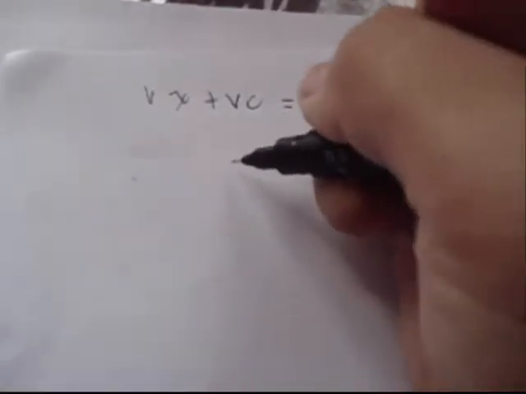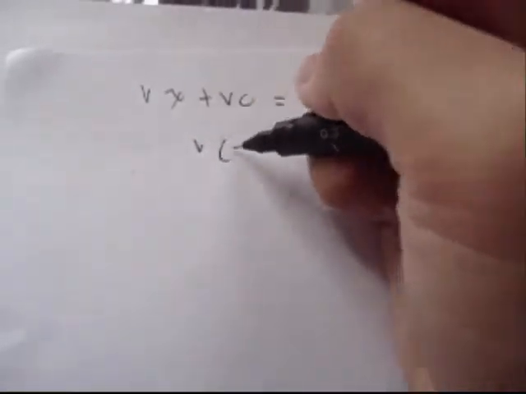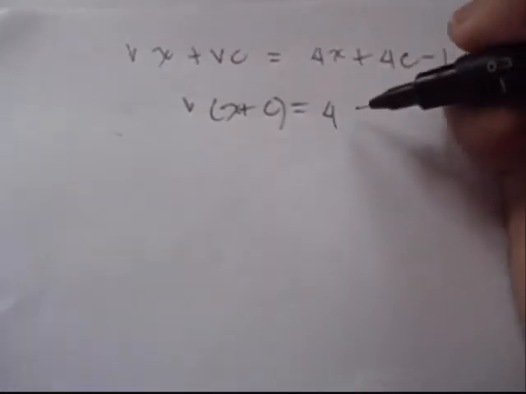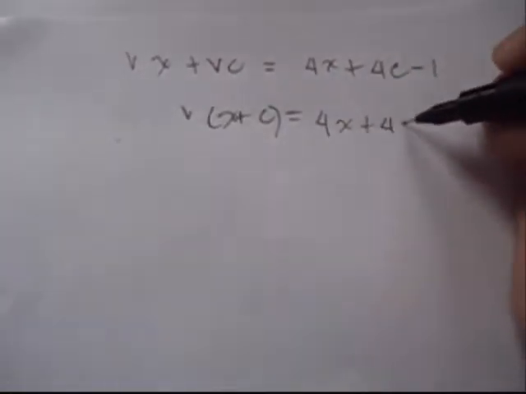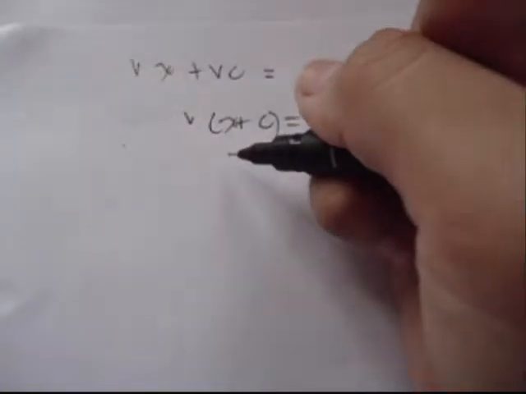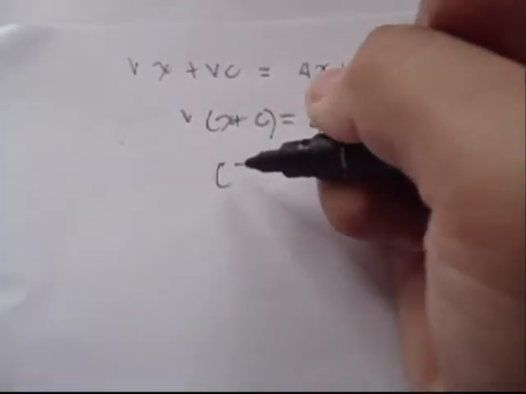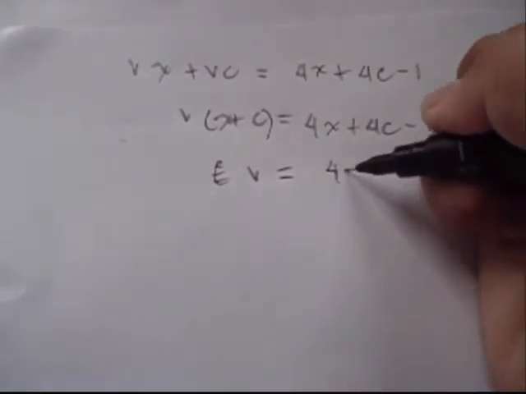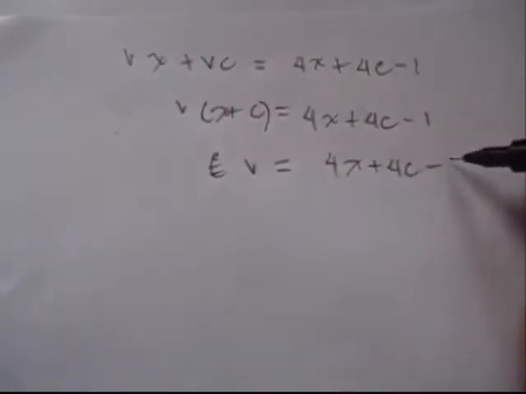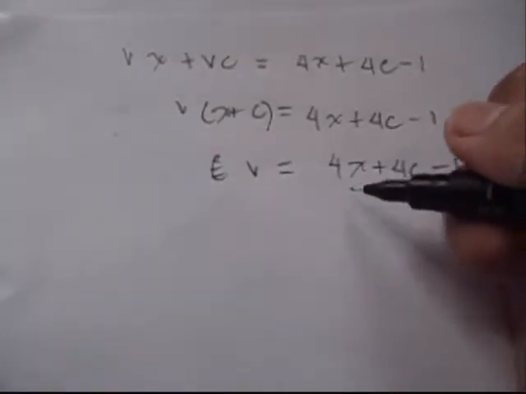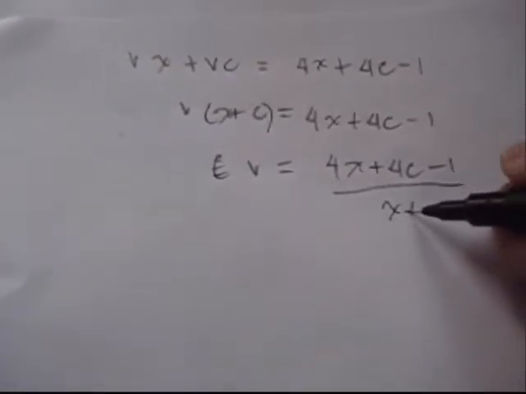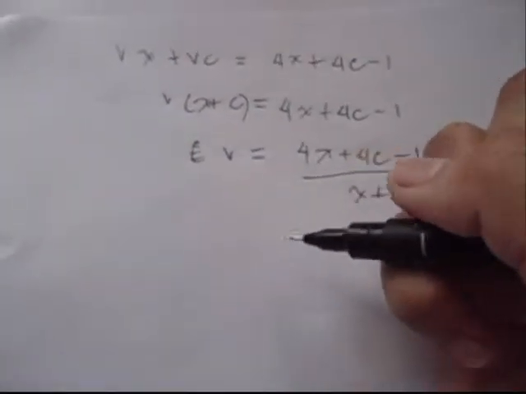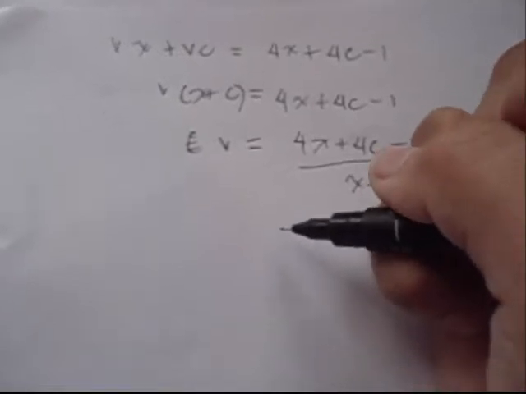So we can get v out of here, so we have v times (x plus c) is equal to 4x plus 4c minus 1. So getting v, we have v is equal to (4x plus 4c minus 1) over (x plus c).